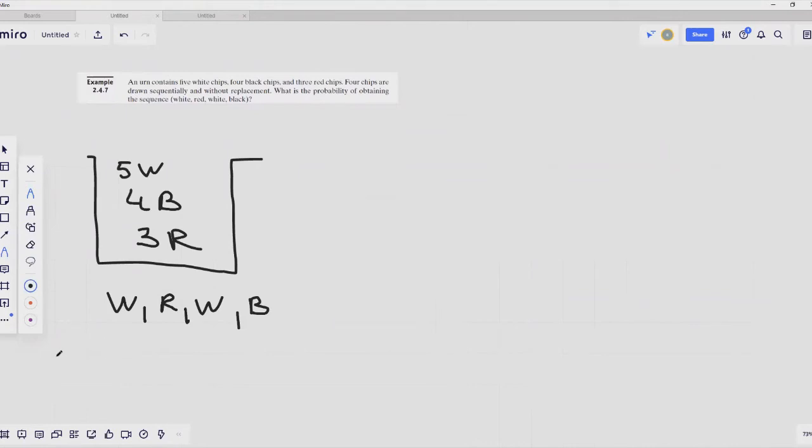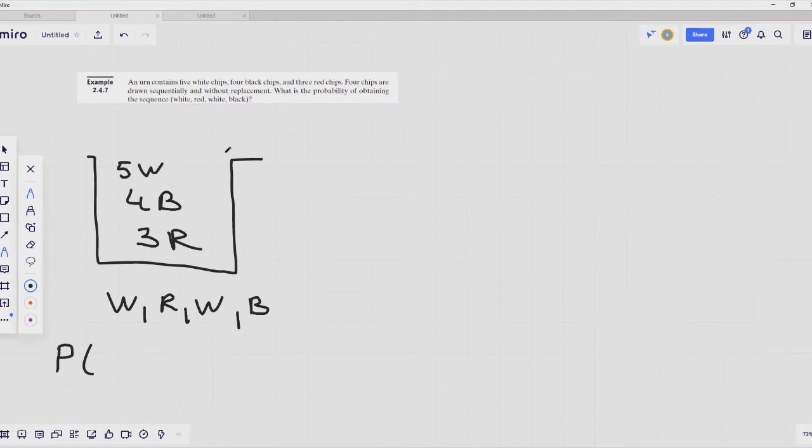We are looking for probability of intersection of the following events: white on first draw, red on second, white on third, and black on last draw, without replacement.